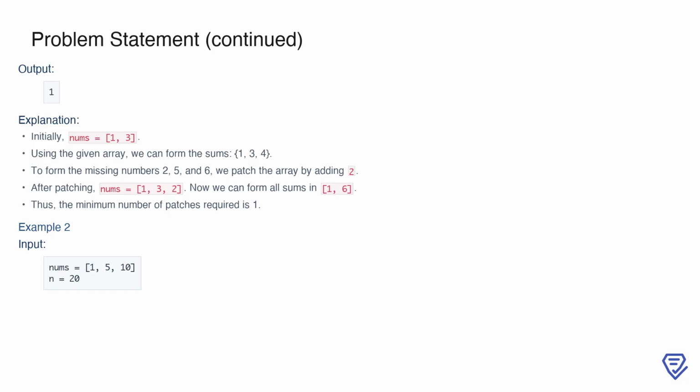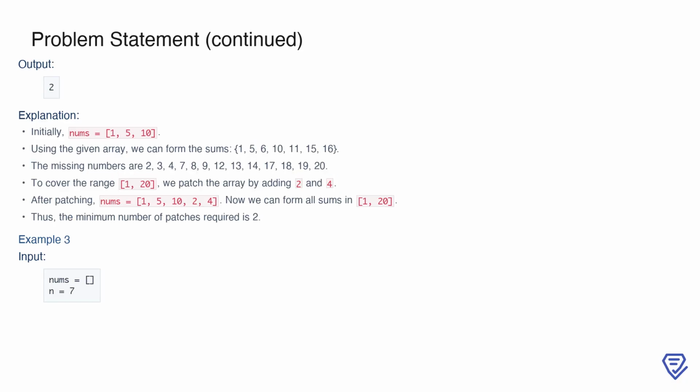After patching, the array becomes 1, 3, 2, and we can now form all numbers in the range 1 to 6 using subsets of this new array. For example, 1 is already present, 2 is the patch, 3 is in the original array, 4 can be formed as 1 plus 3, 5 is 2 plus 3, and 6 is 1 plus 2 plus 3. Thus, the minimum number of patches needed is 1.